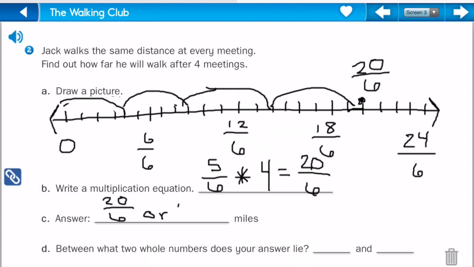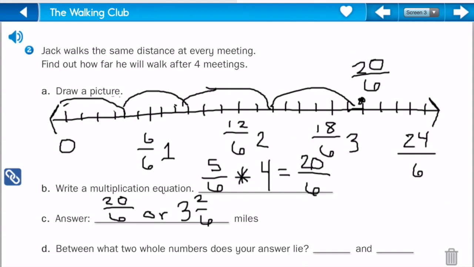Yeah, it would be 3, because this would be the same as 1, this would be the same as 2, this would be the same as 3, and then we count over 2. So we have 3 and 2/6 miles.